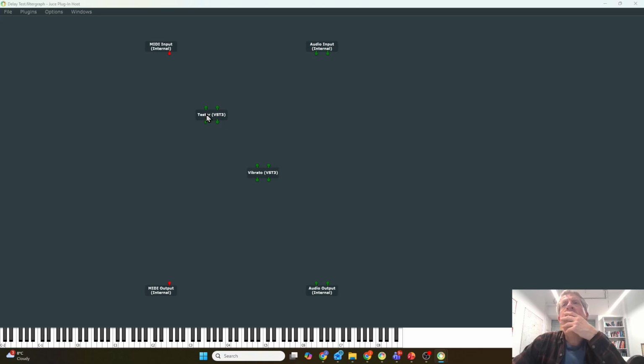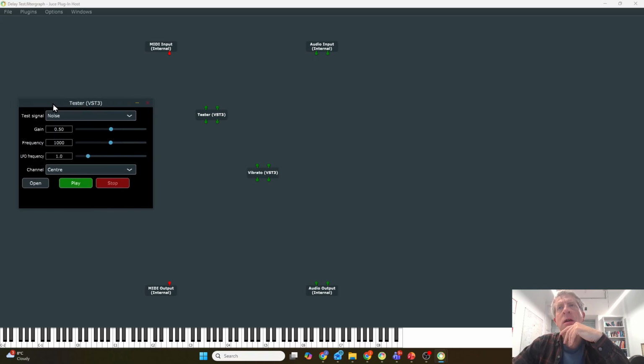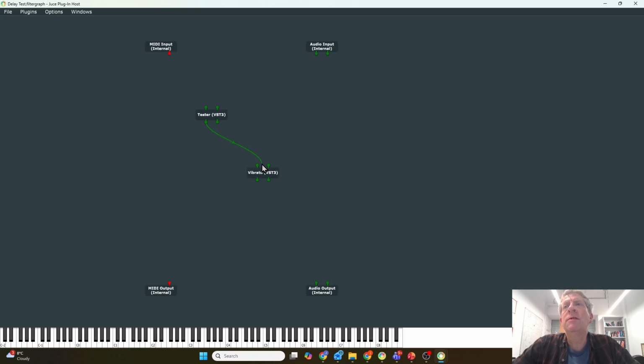So we have the tester, which again we used with basic delay as well as vibrato. And we're going to set it to a sinusoid because we want some continuous signal that can be modulated in pitch. And we will bring this into vibrato, and from vibrato to the audio output.